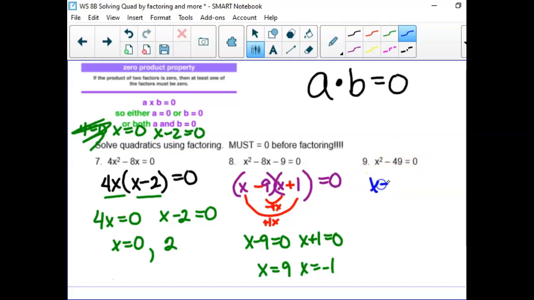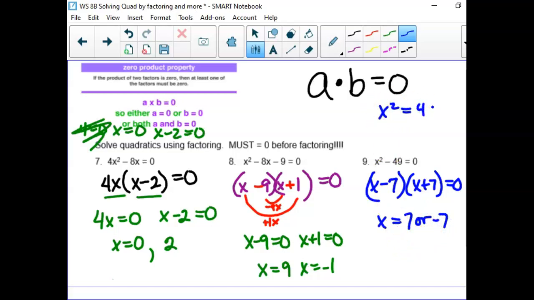But sometimes when students do that, they forget that there's 2 solutions. If we factored it, would you remember that x could be 7 or -7? It actually works if you just put it over to the other side and square root, as long as you remember it means x equals plus or minus 7. I don't care which way you do it.